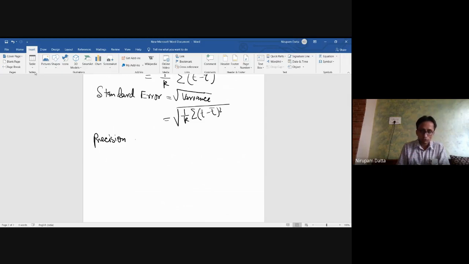So precision of t will be nothing but 1 by standard error, which is 1 by root over 1 by k summation (t minus t bar) whole square. So here first t bar we have to compute, and then after computing t bar we calculate the variance, and from variance we get the standard error. So these two values help us to estimate the precision of t, that is the measure of accuracy.